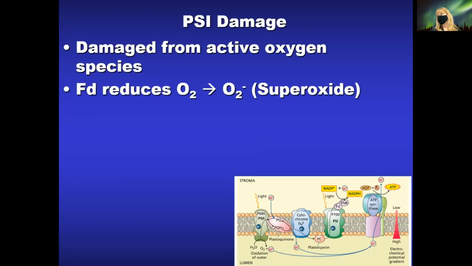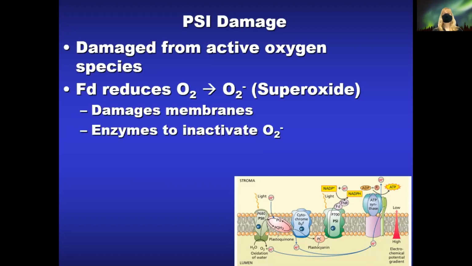But sometimes that doesn't happen under too much light energy. Sometimes it'll accidentally, so to speak, give its electron to oxygen, and then you get a superoxide free radical. That's all happening right there by the thylakoid and by photosystem 1. So that free radical could damage photosystem 1, it could damage the thylakoid.